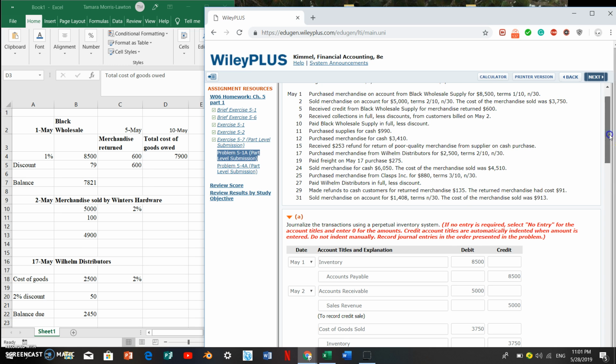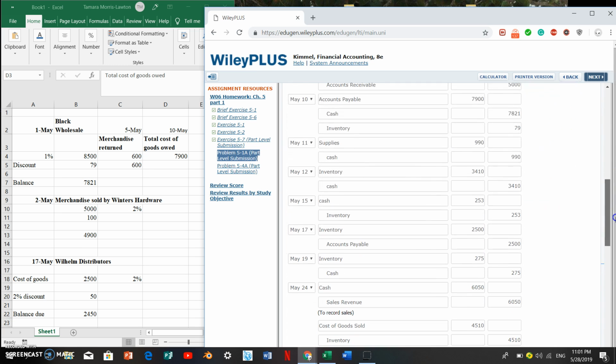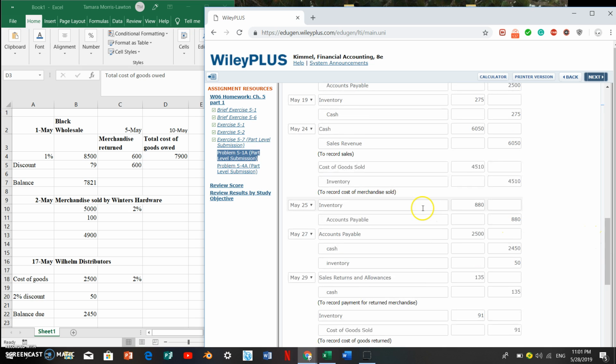So on May 27th, we would show that accounts payable, the total cost of the goods, was $2,500. However, they received the 2% discount, so they paid cash $2,450, which is less the $50 discount, and they would then credit the inventory account with that $50 discount that they would have earned.